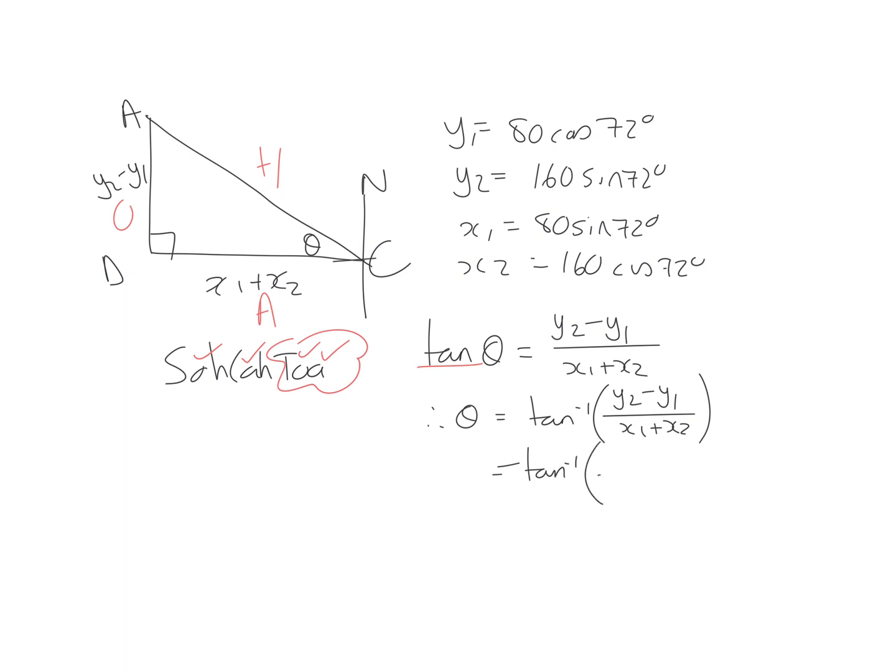So you go tan inverse, fraction, numerator y2, which is 160 sine 72 degrees minus y1, which is 80 cos 72 degrees, denominator x1, 80 sine 72 degrees, and x2, which is 160 cos 72 degrees. Type that in, and the requirement of the question was to the nearest minute. So after you've done this on a TI 84 Plus CE, you need to go second angle and use option 4 DMS.